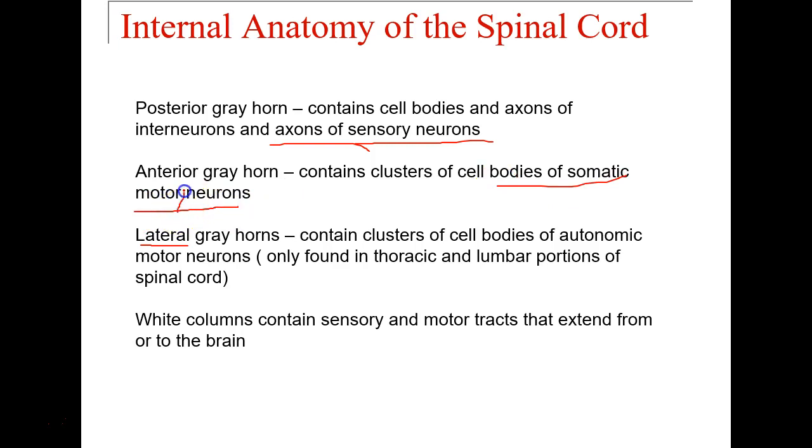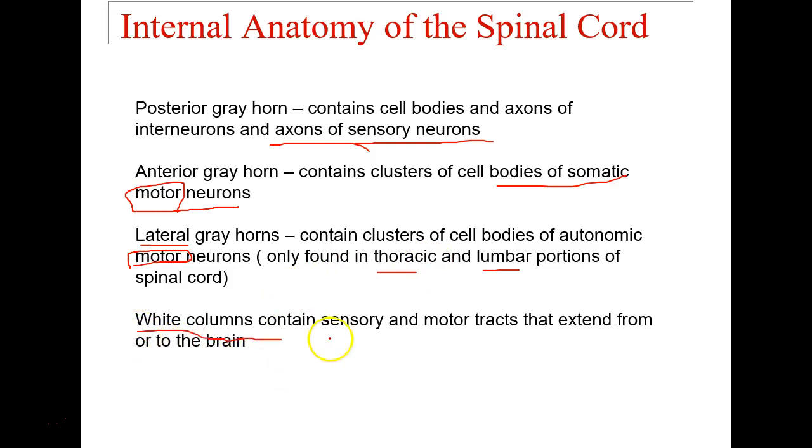Again, motor. Lateral gray horn will be autonomic motor neurons. This is one thing that we didn't see a minute ago, but a lateral gray horn will be seen only in the thoracic and lumbar portions of the spinal cord. This is where we see the sympathetic nervous system.